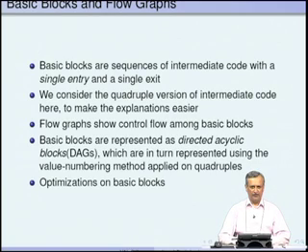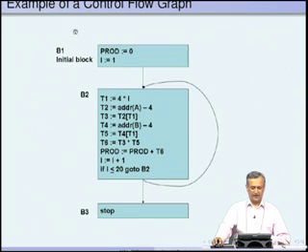So, what are basic blocks? Basic blocks are sequences of code with a single entry and a single exit. Let me give you an example. There is only a straight line sequence within such a basic block.